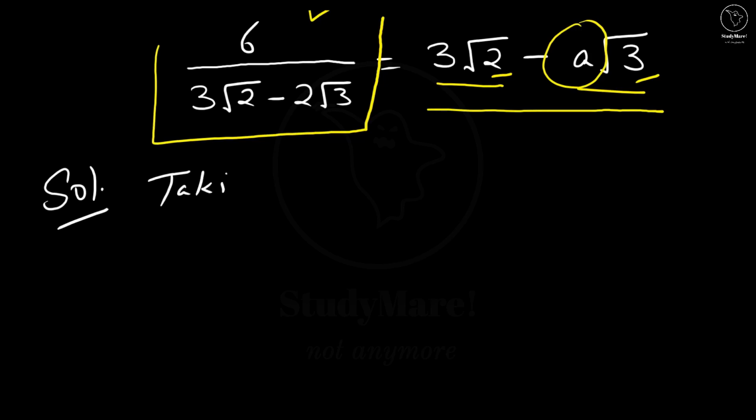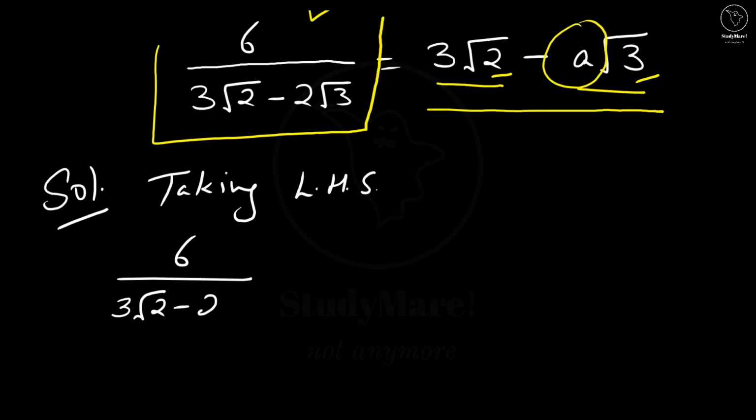Taking left hand side, which is 6 upon 3 root 2 minus 2 root 3. In order to simplify it, we have to rationalize its denominator.